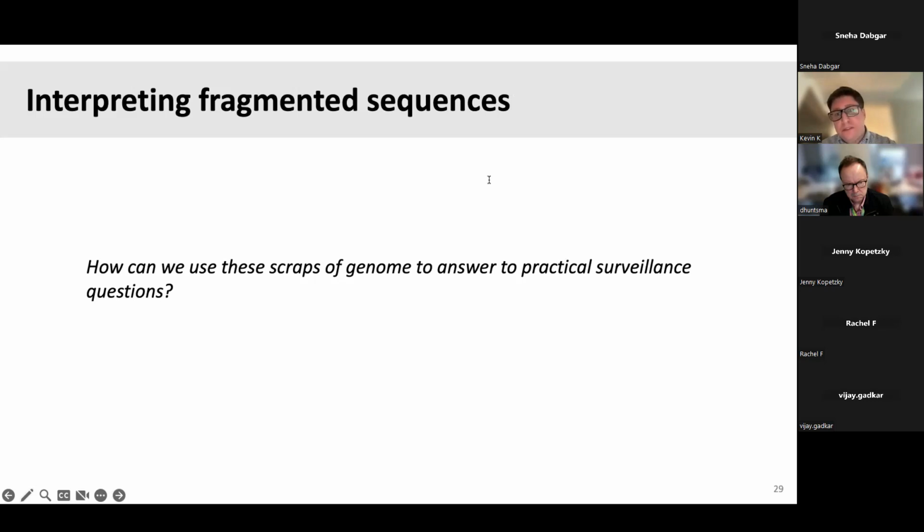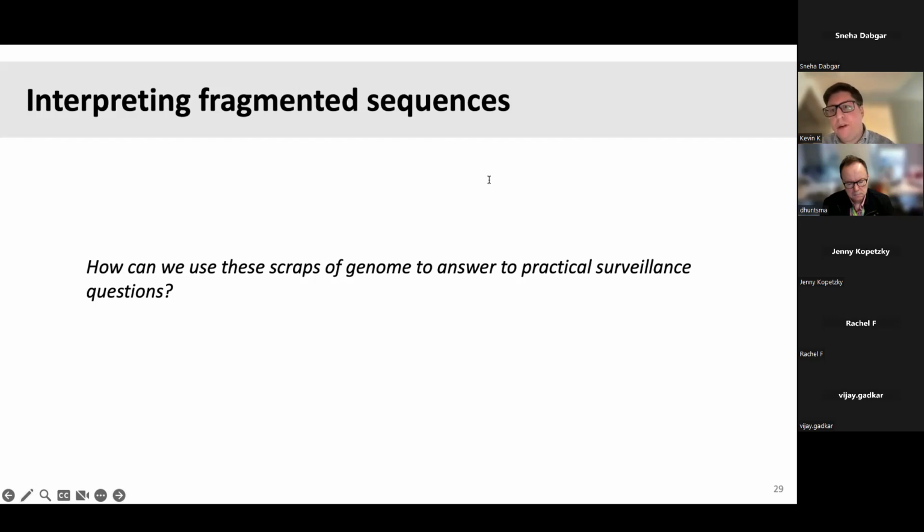Okay, so for surveillance purposes, we generally want to know more about the virus than just its subtype label. We want to know what kind of host species it can infect. We want to know if it comes from a part of the world where there's ongoing outbreaks. We want to be able to identify and track distinct lineages of virus.